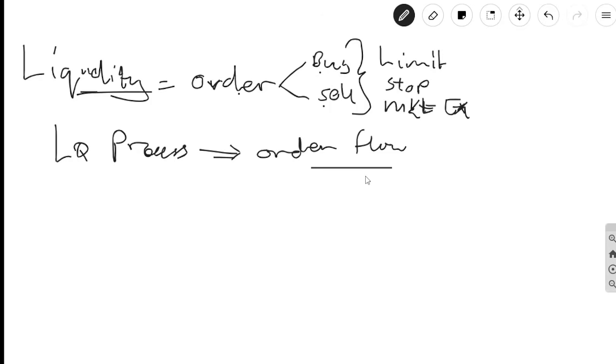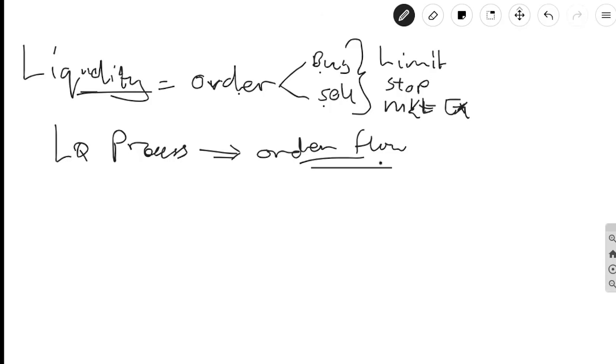I mean, the environment created that simplifies you placing your order or making decisions in the market. I'm just trying to simplify these terms, not to confuse you.